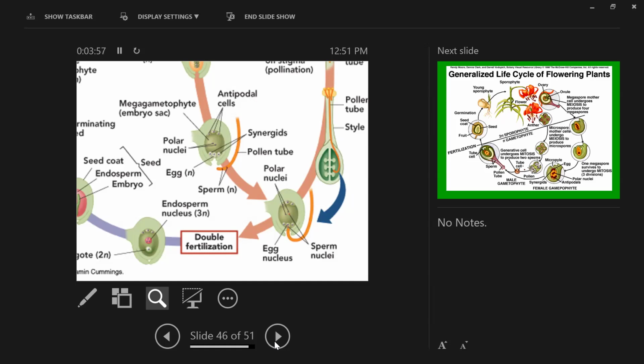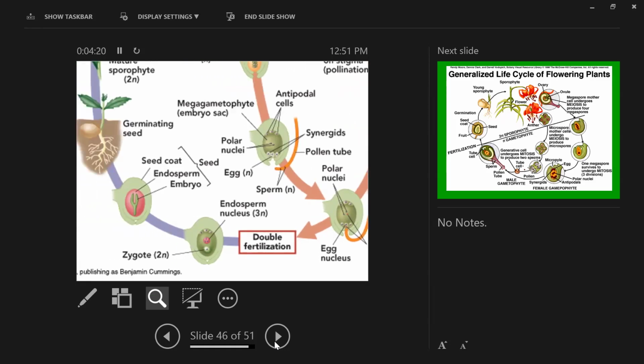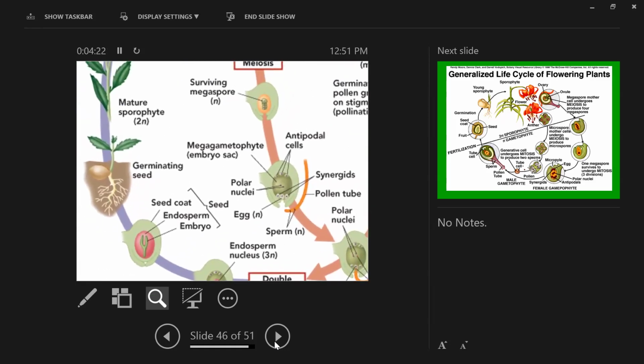We have that right here, double fertilization. And then that central cell will keep developing into the endosperm. All right, that's where we get endosperm from. It's that central or polar cell that gets fused with sperm. So that's the endosperm. So this image, I think, does a nice job kind of clarifying that.